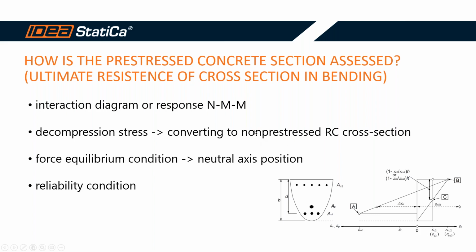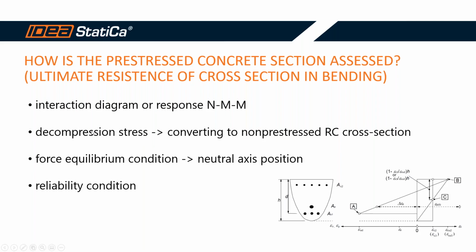We do this in order to get the non-pre-stressed reinforced concrete section, because then we can continue with the classical theory, ultimate limit strain, once we know the decompression stress.